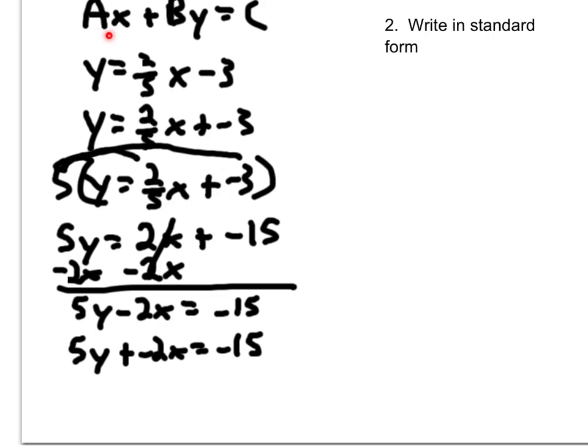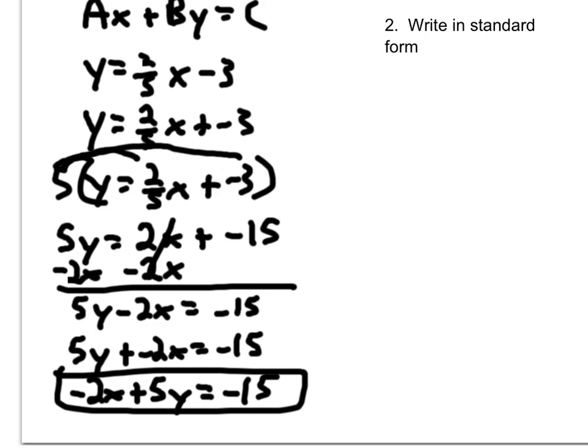And we need it in this form, ax plus by equals c, where the x comes first. So I'm just going to flip these two around and make it negative 2x plus positive 5y equals negative 15. And there we are in standard form. So that's how to get standard form with one of these examples. Again, we'll talk a little bit later about why standard form is a really good form to write in.